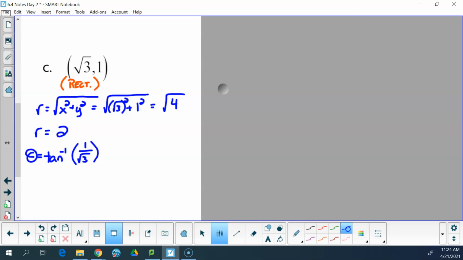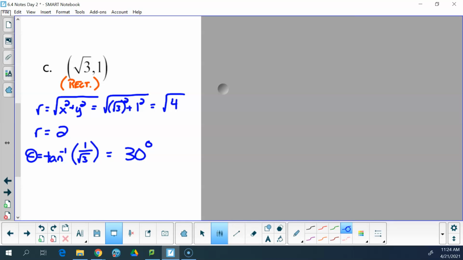It is on the unit circle. 30 degrees. Yep, gets me 30 degrees. You got it last week, Wednesday, probably. All right, that's fine.